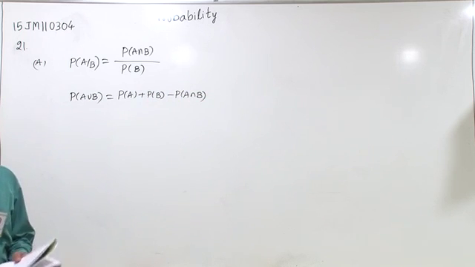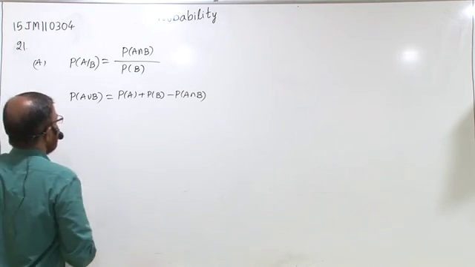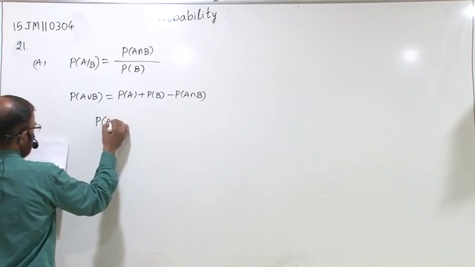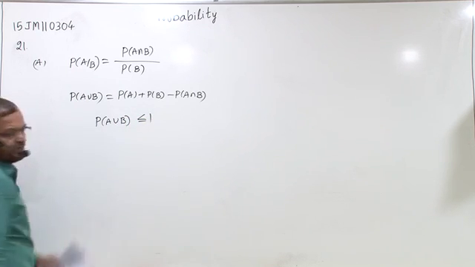Now we will make an inequality. To make the inequality, we can say that whenever it is probability of A union B, it will always be less than or equal to 1.